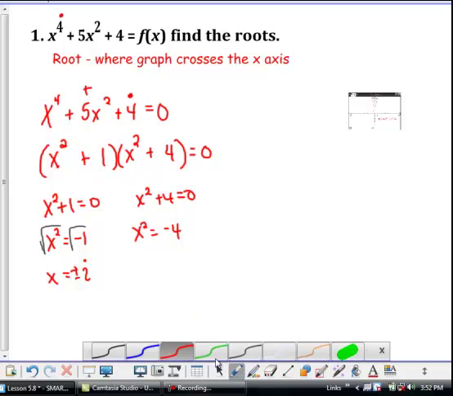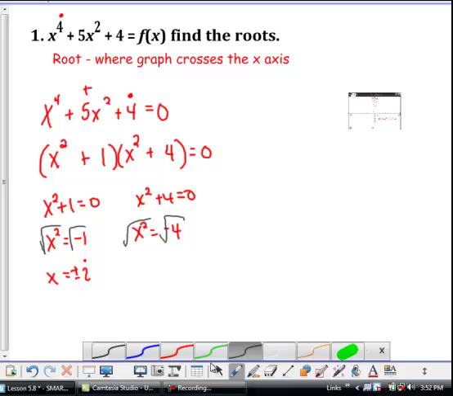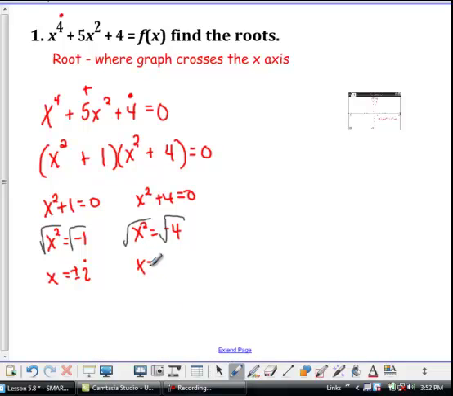And if I take the square root over here, x is plus or minus, the square root of negative 4 is 2i. And there are my 4 answers. My 4 imaginary roots are i, negative i, 2i, and negative 2i.